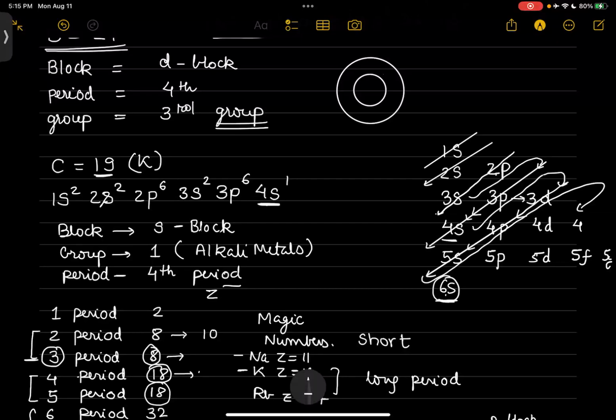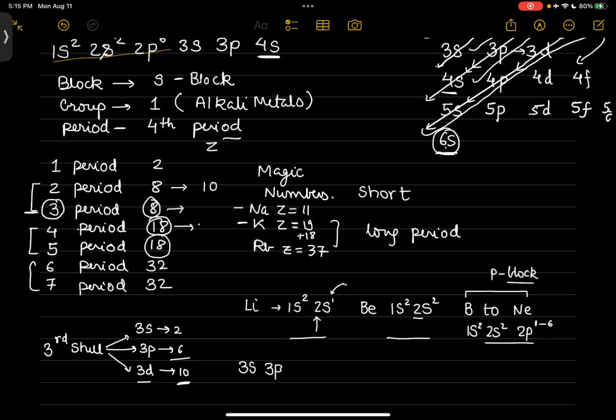After 6S, 4F will be filled, right? So the sixth and seventh periods will have the F orbitals being filled. But those F orbitals are 7 and they will have 14 elements.